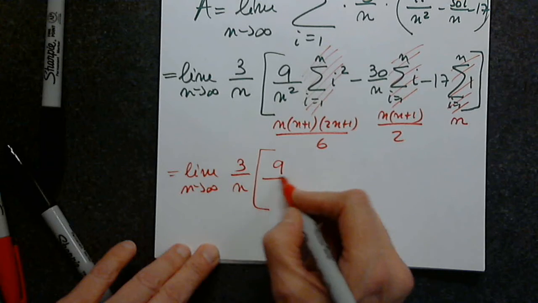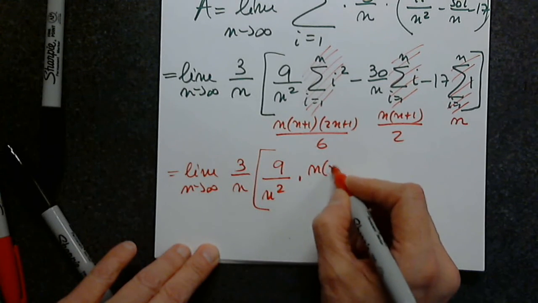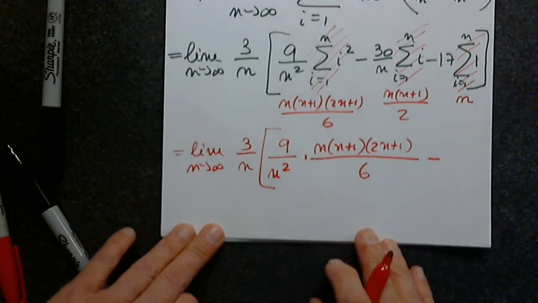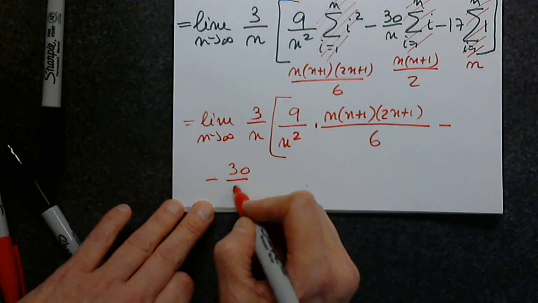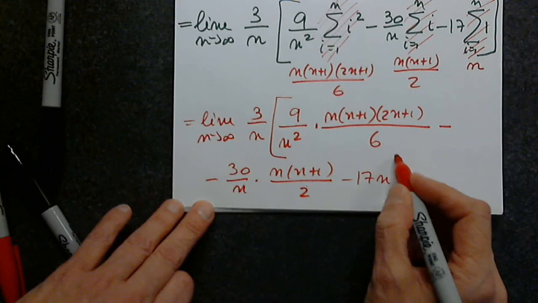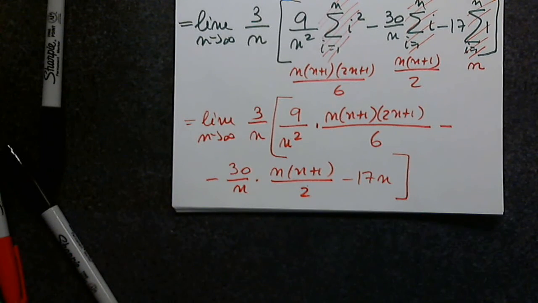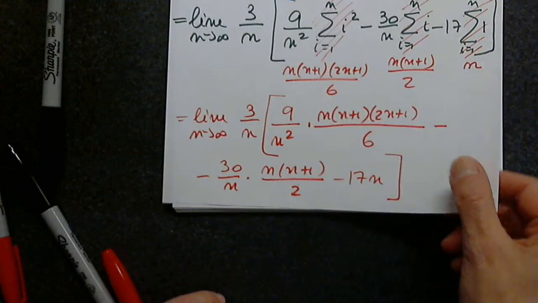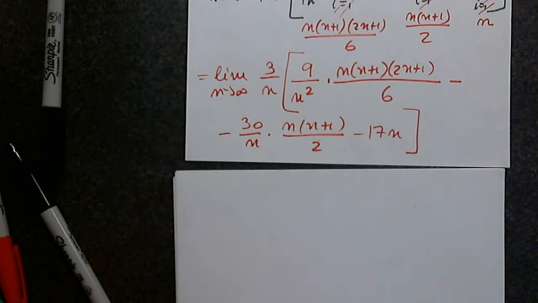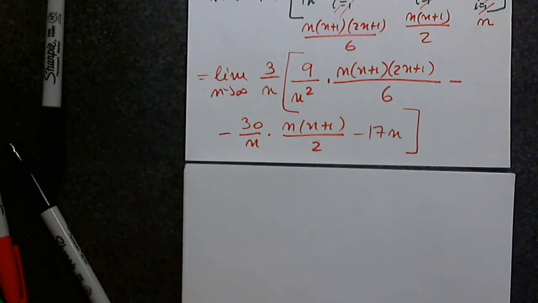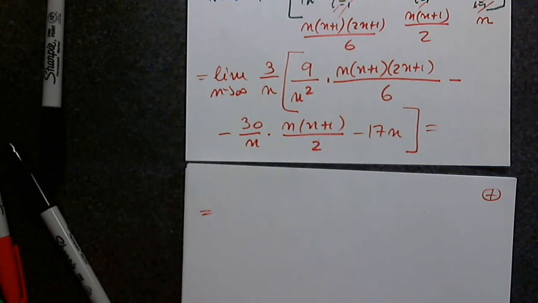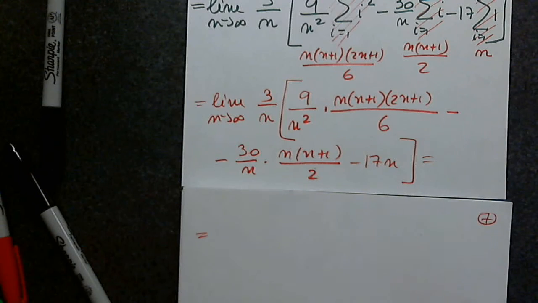And now in brackets, 9 over n squared times n times n plus 1 times 2n plus 1 divided by 6, minus 30 over n times n times n plus 1 over 2, and minus 17n. Is this okay so far? Yes? Okay.